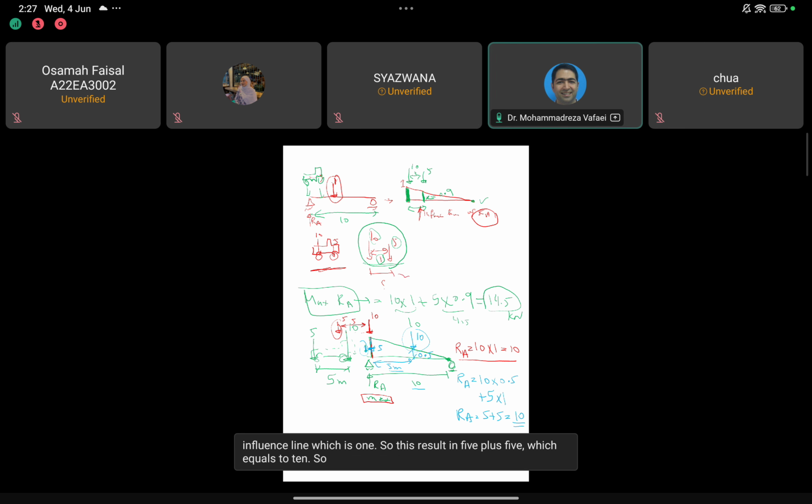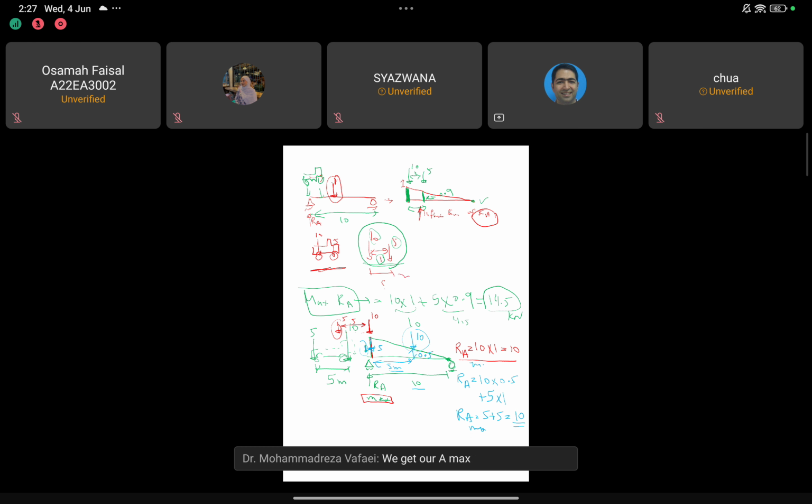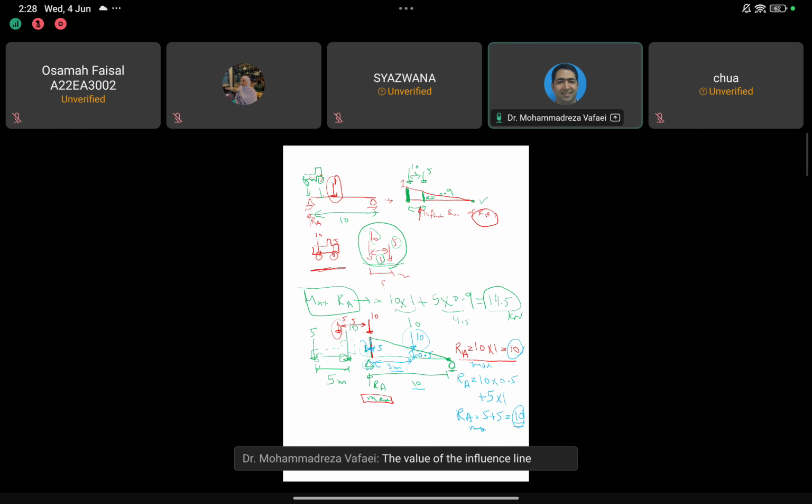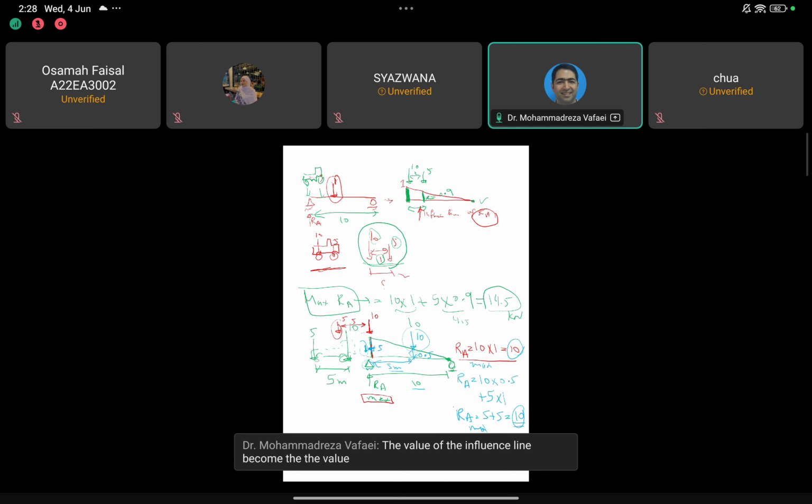So for both scenarios, we get RA max equals 10. That means regardless of whether the car is stopped right in the beginning of the bridge with one of the tires only on the span, or both tires come to the bridge and one sits at this place, another one here, the value of RA becomes 10.